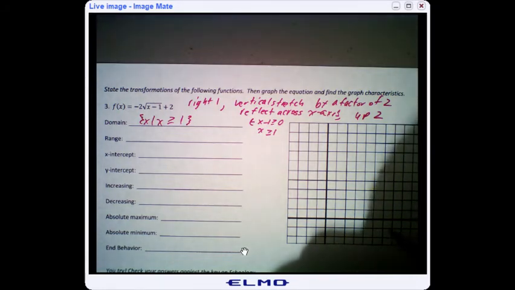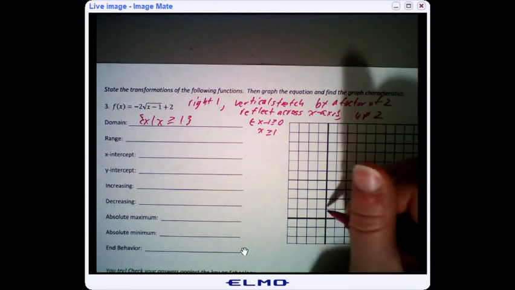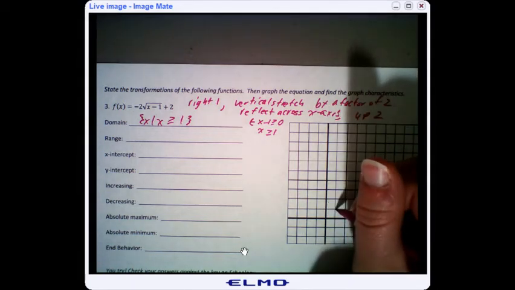And then I can graph it in Desmos, or I can plug in some values to figure out some of these answers. If I take 1 minus 1 is 0, square root of 0 is 0, negative 2 times 0 is 0, plus 2 is 2. So I'll point out 1, 2.